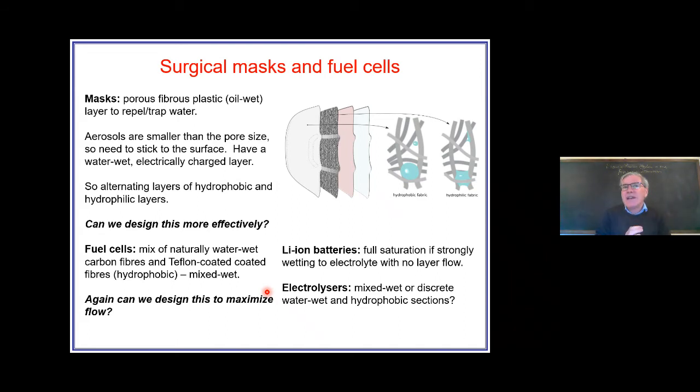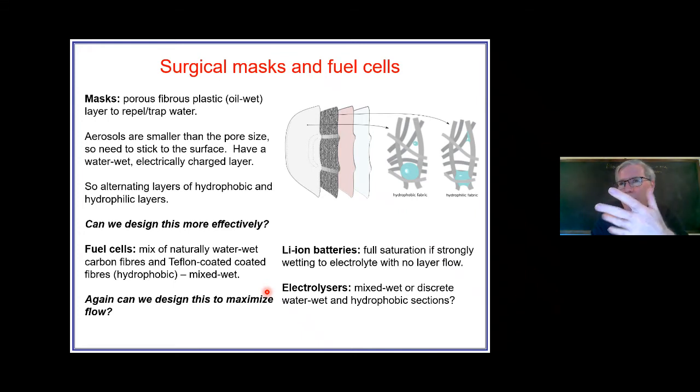So what you do is you make the fibers, they're plastic fibers. They repel water. Water is non-wetting. Water gets trapped in the larger pore spaces. But it's a little bit more subtle than that. Turns out that obviously the most dangerous thing is what's called aerosols, which are very tiny droplets that still can contain viruses that can actually fly through the pore space of the mask.